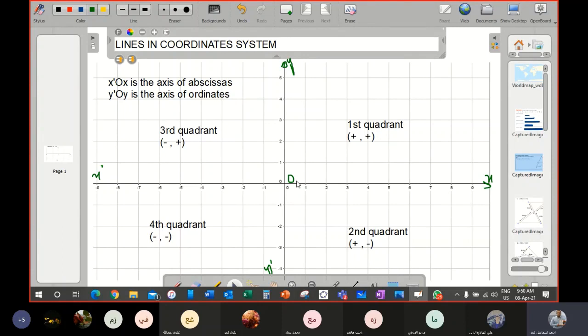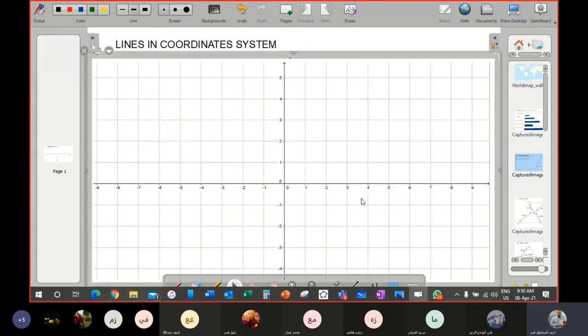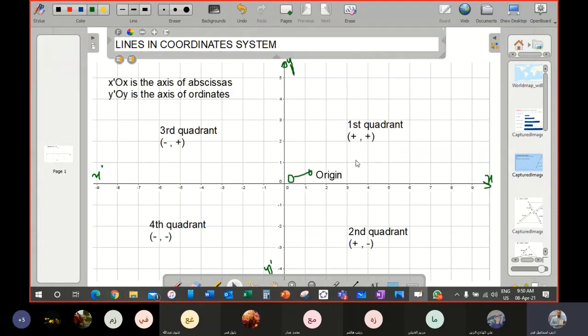Okay? O is called what? Origin. O is called the origin. It is the point of intersection of the two axes. Okay?